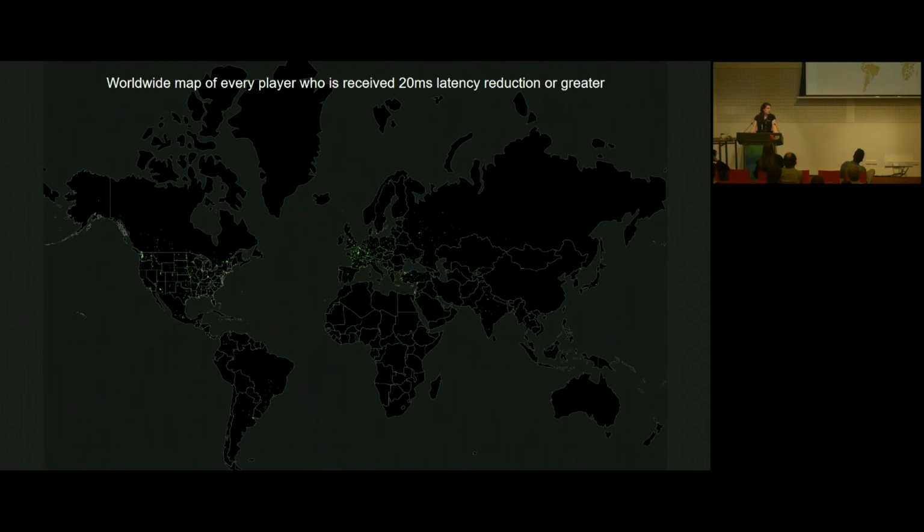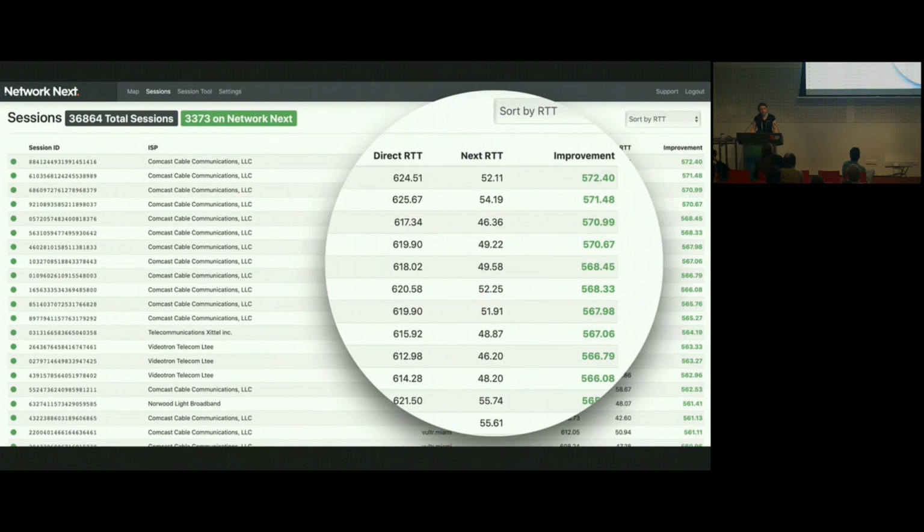This is a worldwide map. This is probably a little bit old now, but it shows every player who received 20 milliseconds latency reduction or greater through Network Next. And when I say 20 milliseconds or greater, I really do mean or greater. There are some pretty poor connections out there that are not necessarily bad connections at the edge.